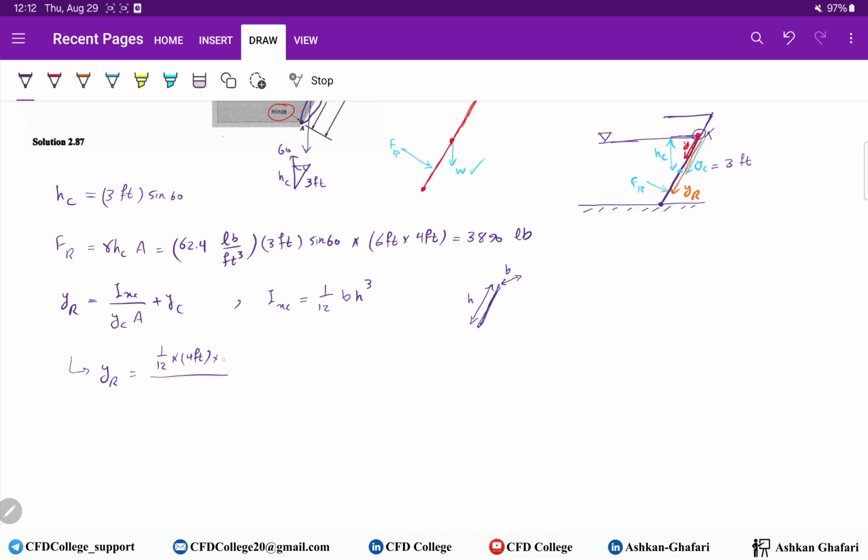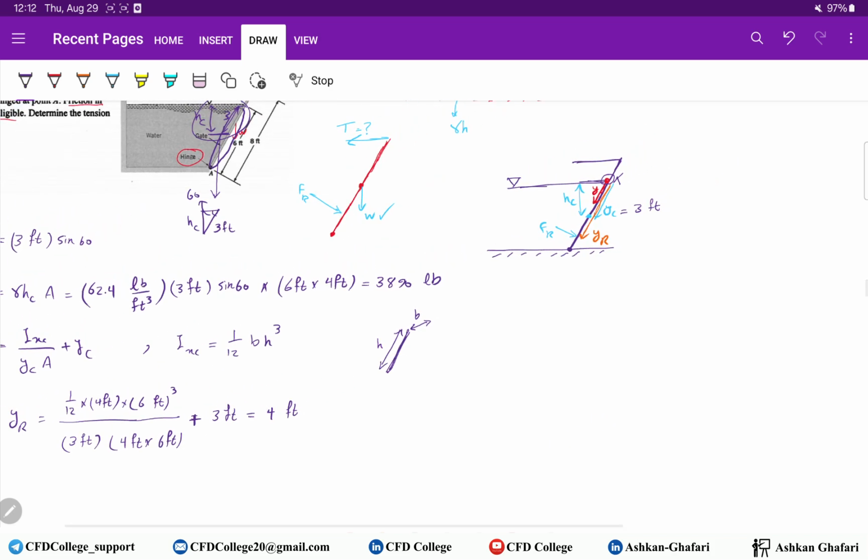I'm sorry, H is 6 feet to the power 3. YC is 3 feet, and area is 4 feet times 6 feet. So plus YC, which is 3 feet, equals 4 feet.